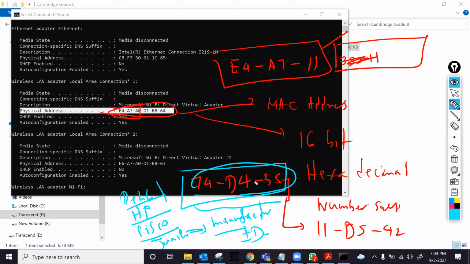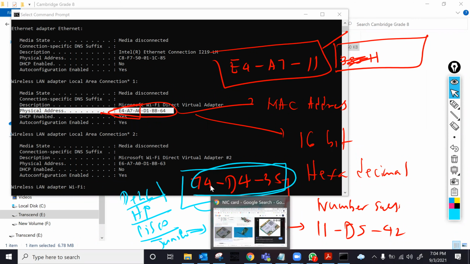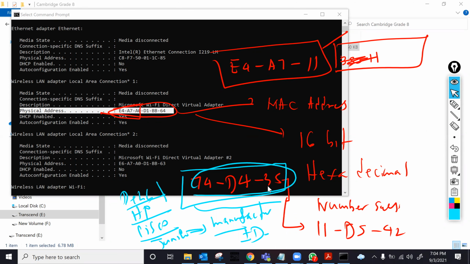Where is the manufacturer mentioned? How can we find the manufacturer? If you want to find it, you have to check on the internet.